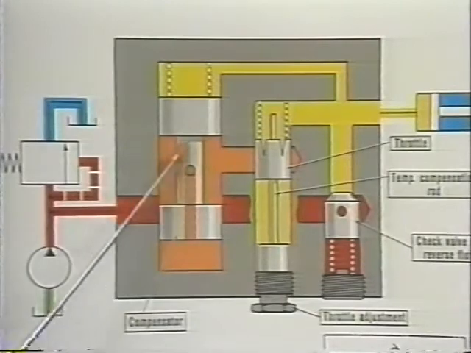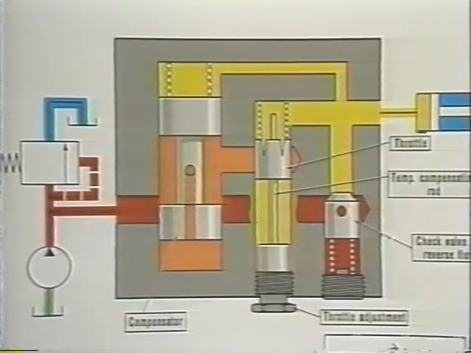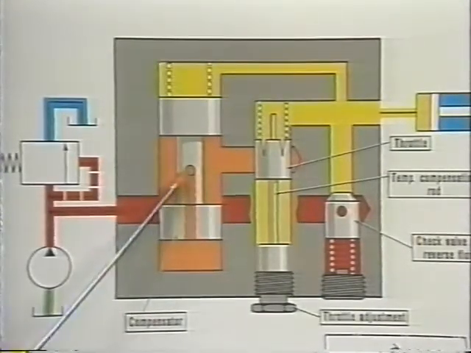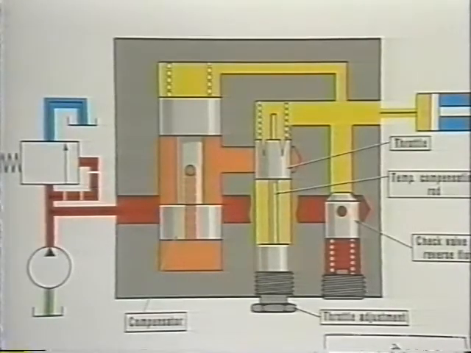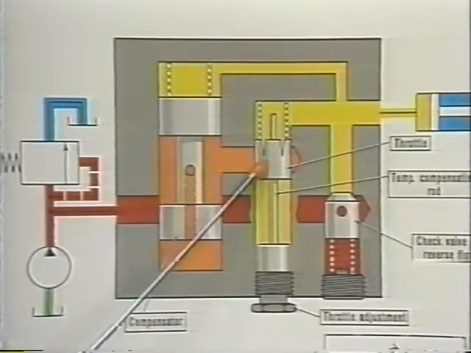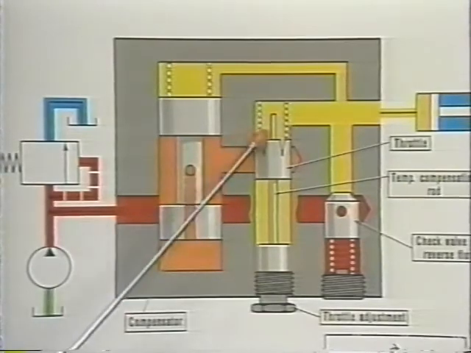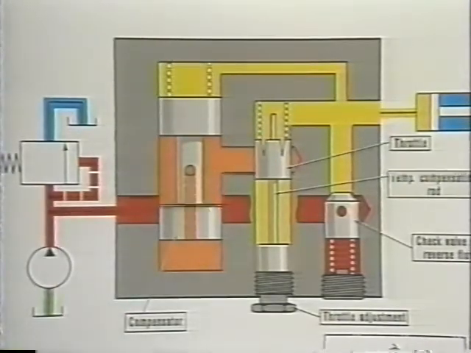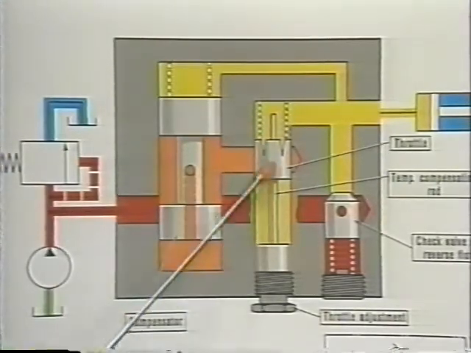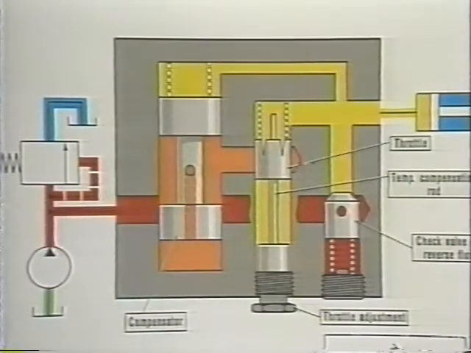Here's our compensator spool. Now instead of having the sensing hole in the body, at this point we simply sense the pressure to the bottom of the spool through this hole. Instead of using the graphic representation for the throttle, we'll show a more realistic one. It's sort of a cup-shaped device with V notches for better metering. It's held open by a small spring and closed by an aluminum alloy rod, which extends through the cup into the oil flow.